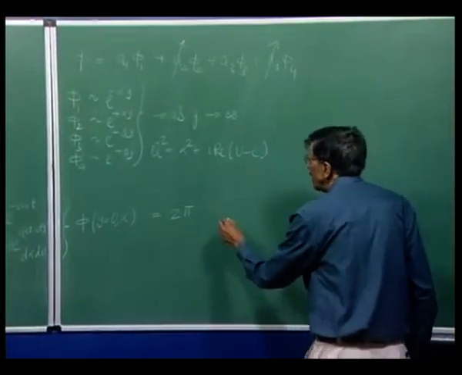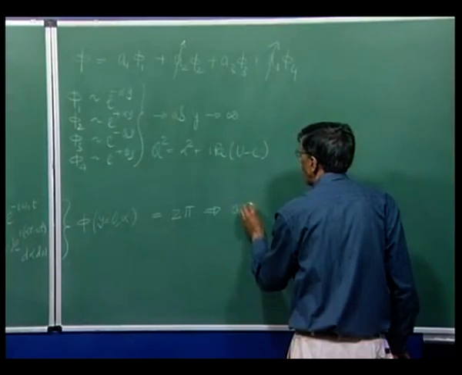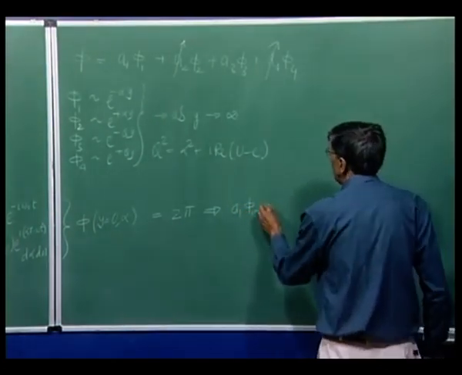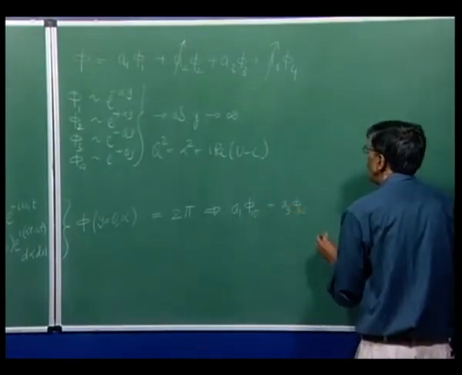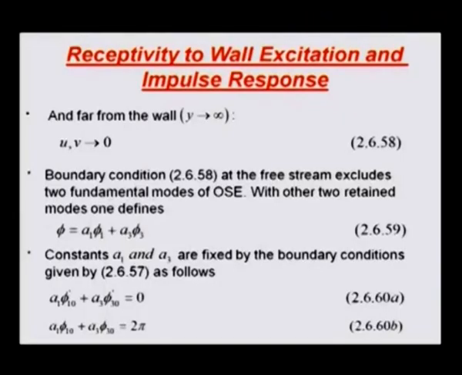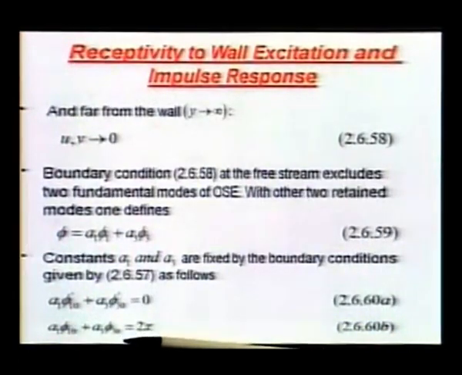So this would give you a1 phi 1 0, plus a3 phi 3 0 should be equal to 2 pi. That is what we have written here, this equation. The last equation is that.